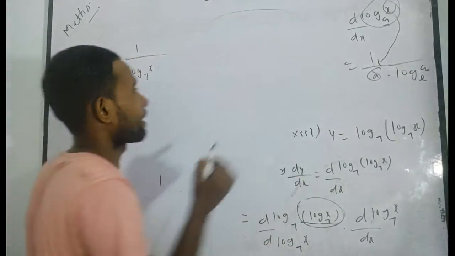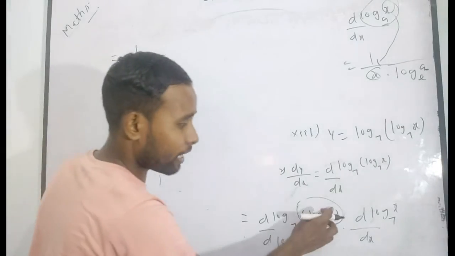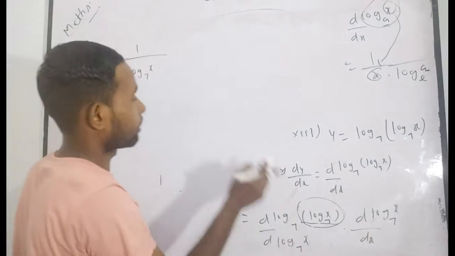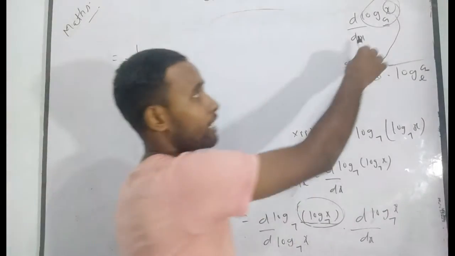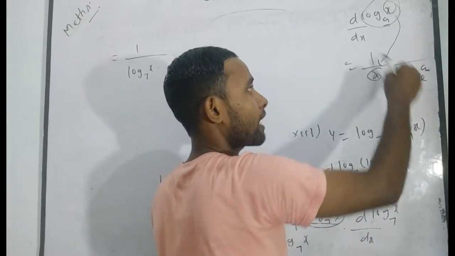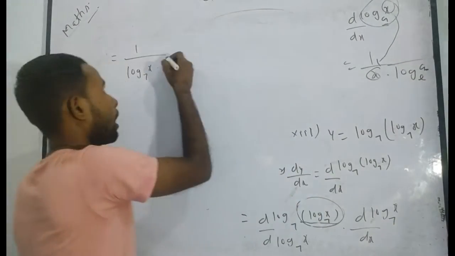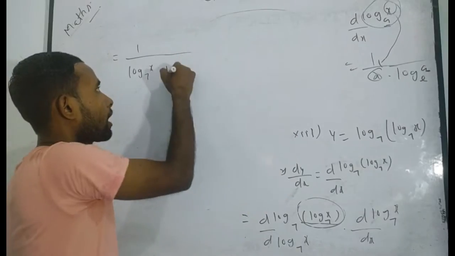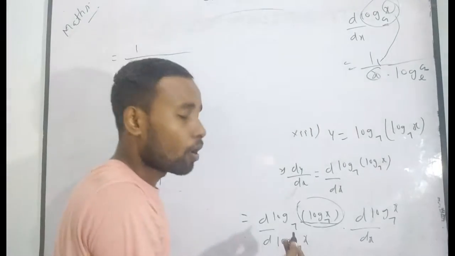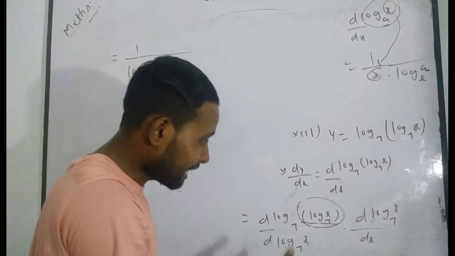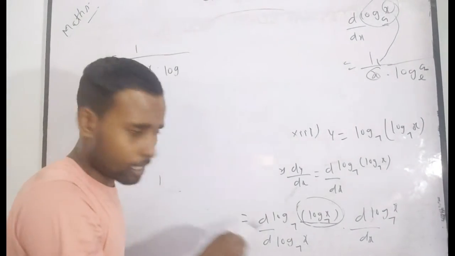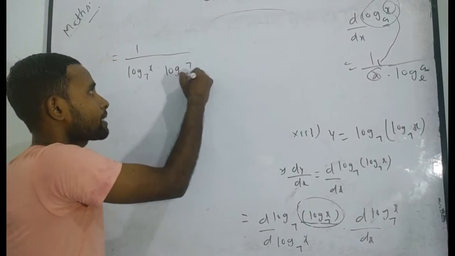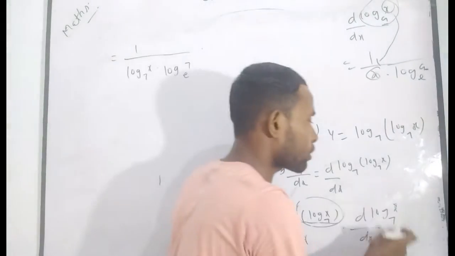Now again differentiate log x to the base 7. Sorry, firstly I have differentiated log x to the base 7. In that case, first it will be 1 upon x into log a to the base e. What is a? See here, 7 is a. So you have to write log 7 to the base e into, again differentiate log x to the base 7.